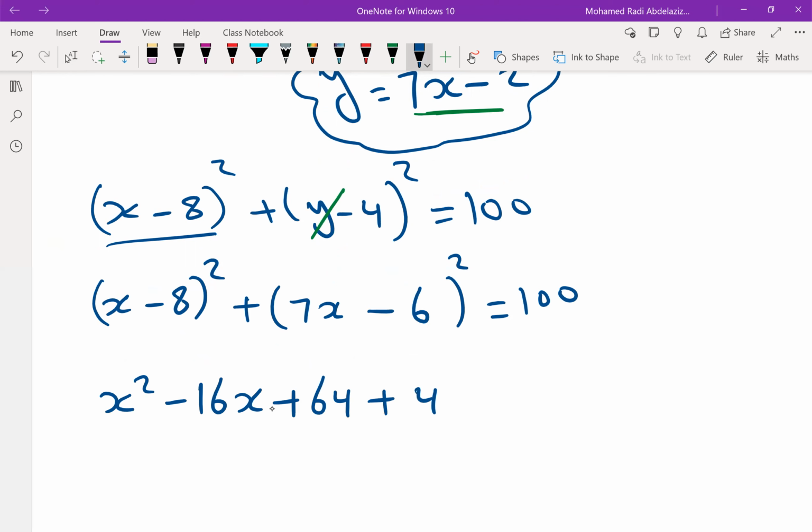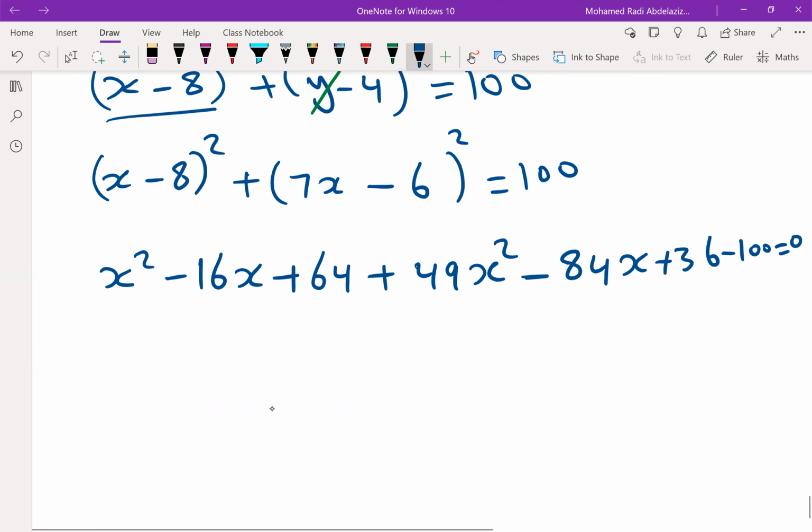Expand the first squared, the second squared, first by second by 2. 7 times 6 is 42, times 2 will be 84x, plus 36 minus 100 is equal to 0. We have now a quadratic equation.